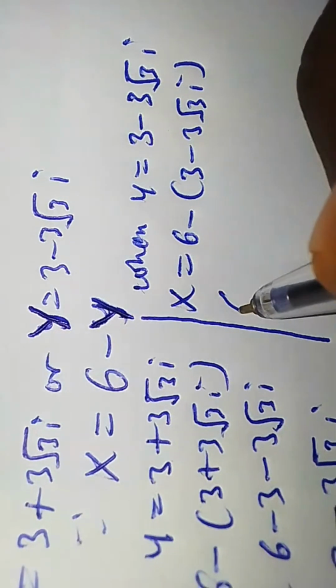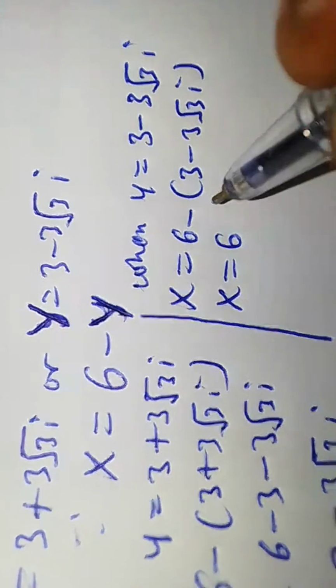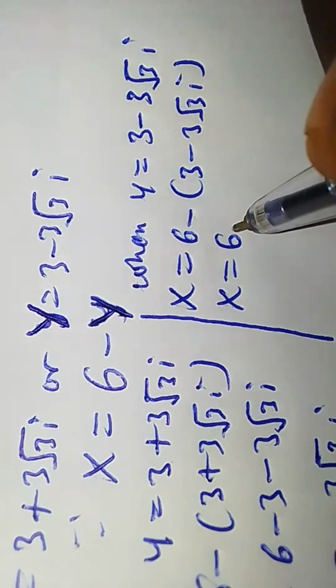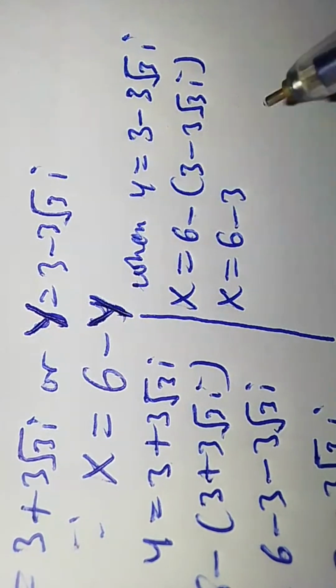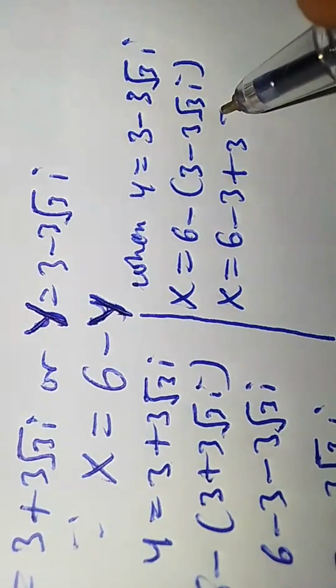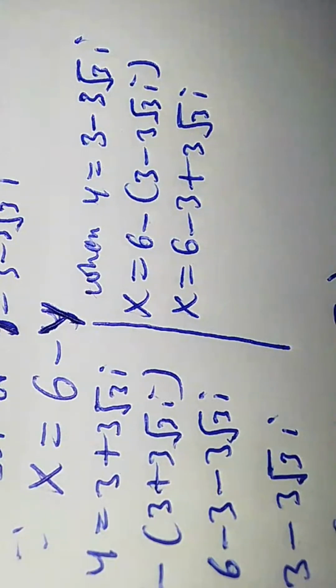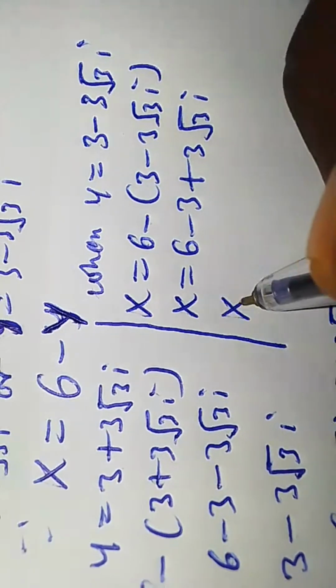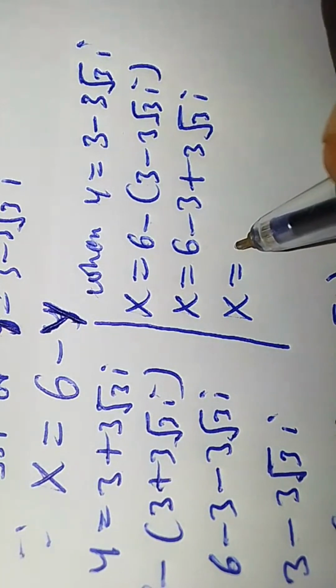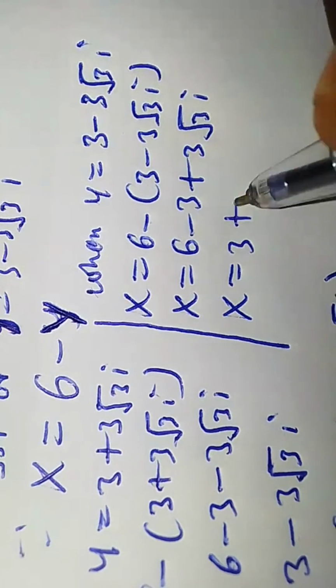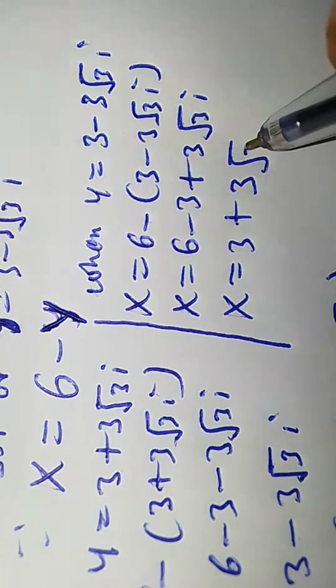So we have x equal to 6 minus times 3, that is minus 3, minus times minus, we have plus 3 root 3i. So in this case, x equal to 6 minus 3, that is 3 plus 3 root 3i.